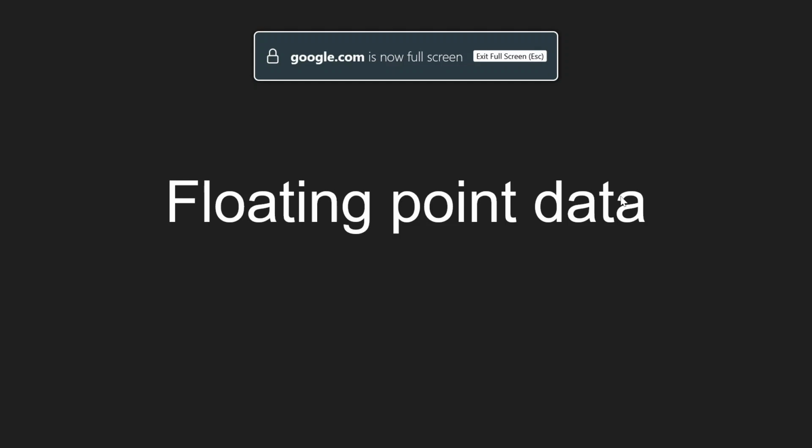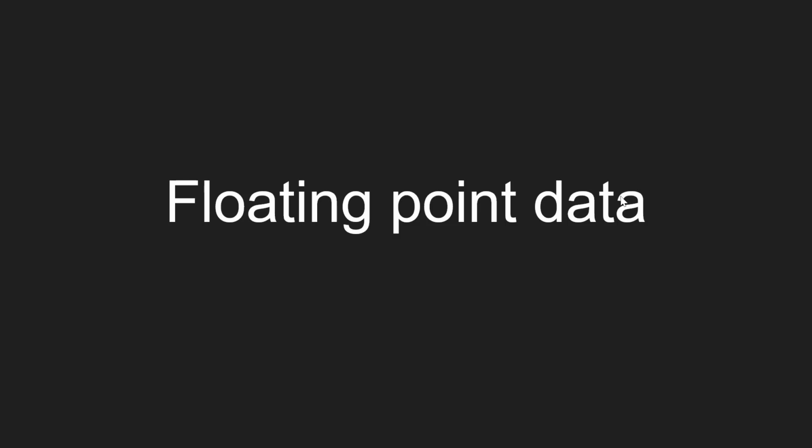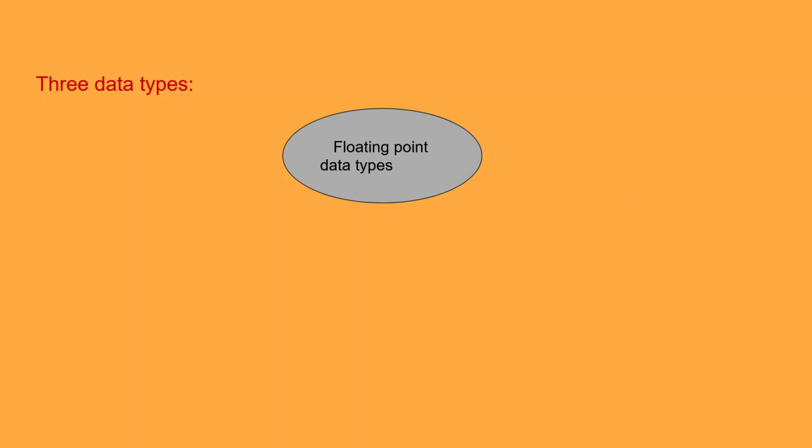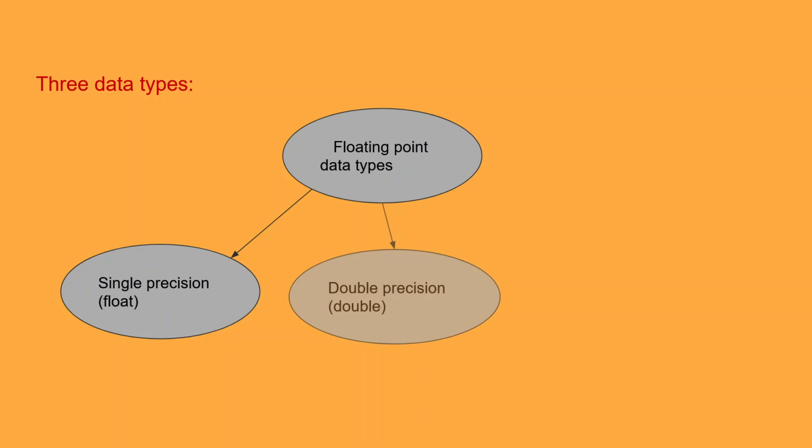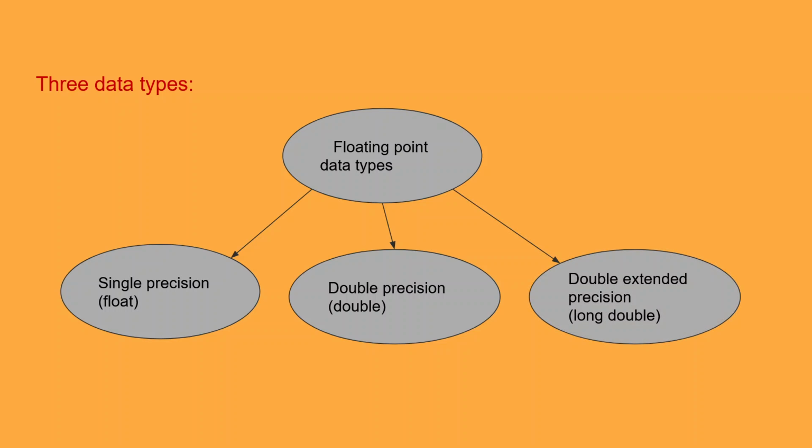Let's talk about floating point data and x86. There are three different floating point data types that the processor recognizes and operates on. One is the data in single precision format, which is otherwise known as the float data type, the double precision format, known as the double data type, and the double extended precision format, which is known as the long double data type.